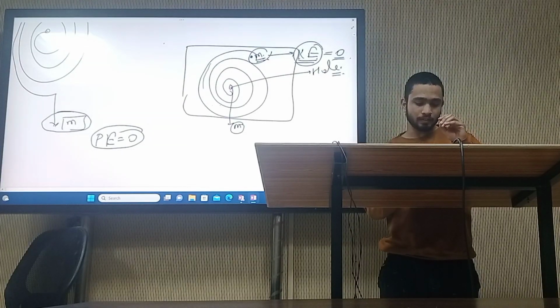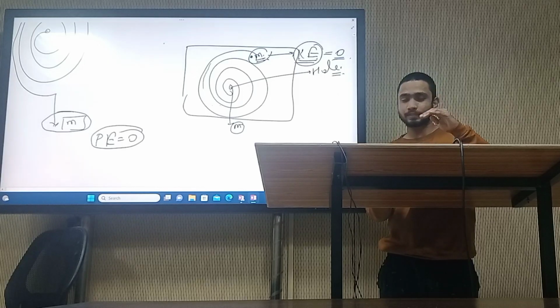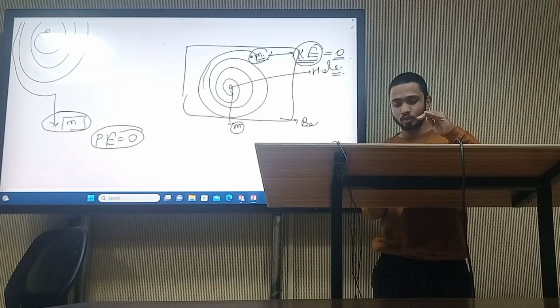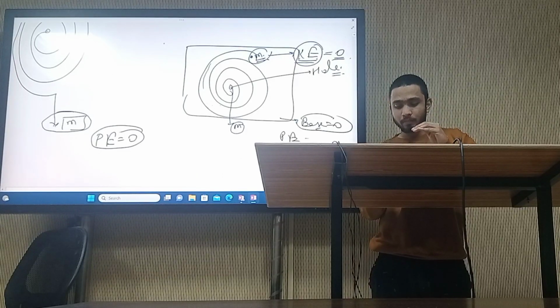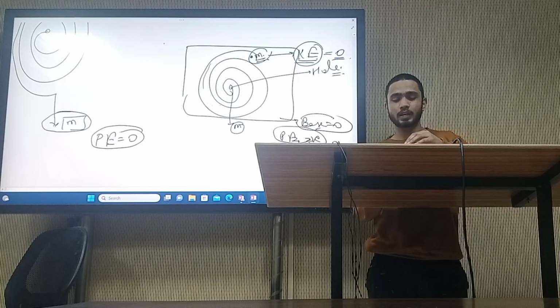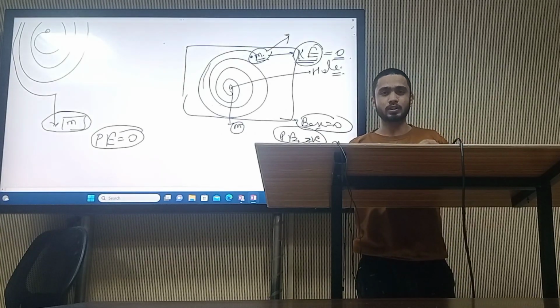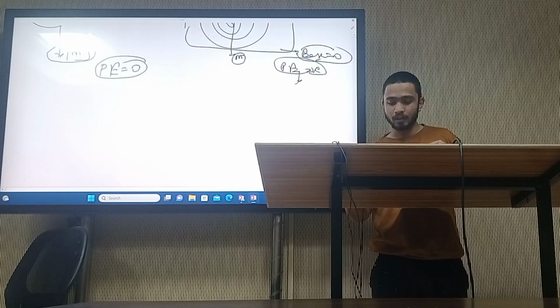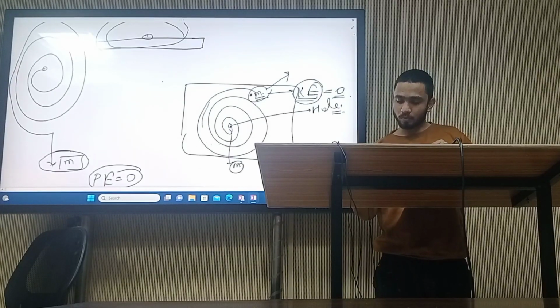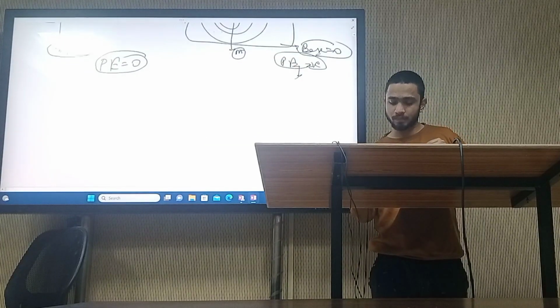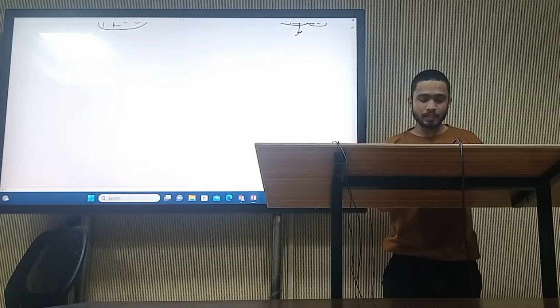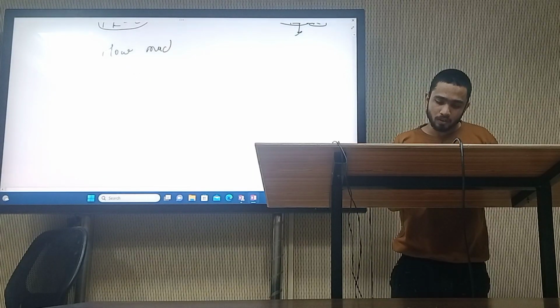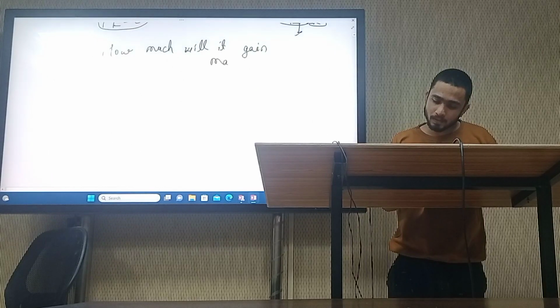Now it is rotating after we release it. The baseline is this disk, so baseline potential energy is 0, but when it goes down, potential energy will be negative. So the decrease in potential energy will be equal to the increase in the kinetic energy of this upper mass m. When this upper mass m gains rotational velocity or rotational kinetic energy, how much will it gain?